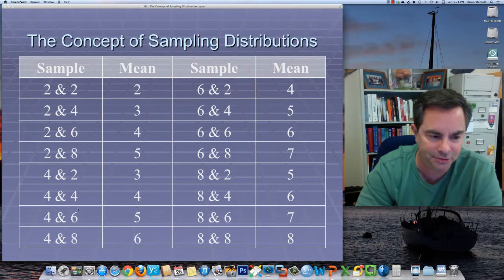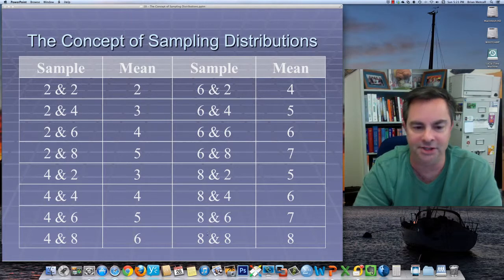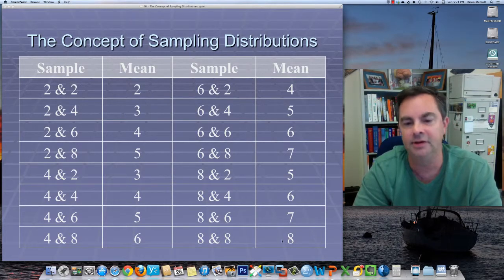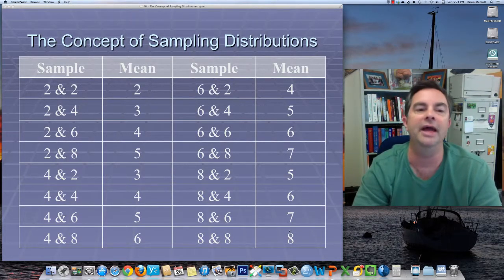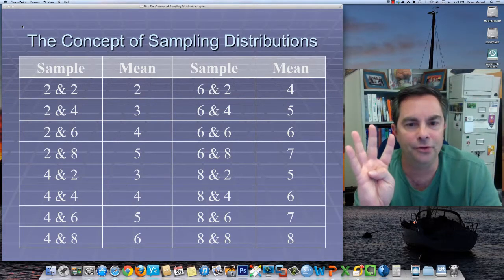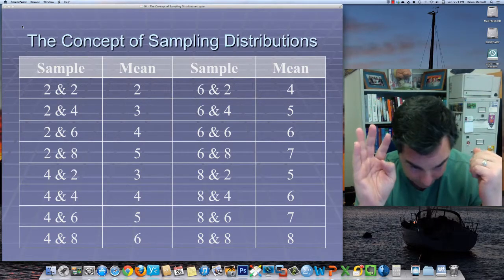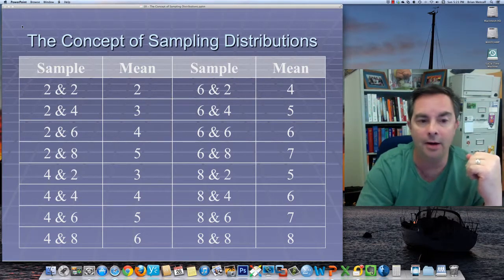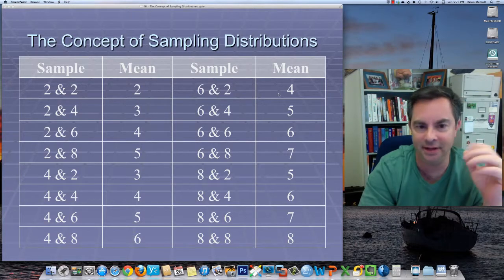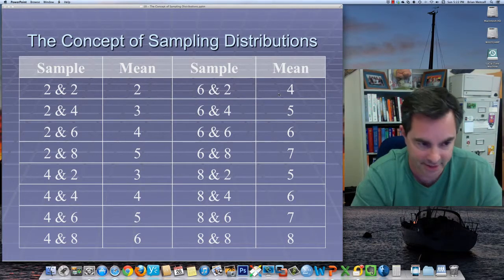For each of the possible combinations, putting them in an order here, the last possible combination I can get is to draw the 8 twice, giving me a mean of 8. So from a population of 4, doing it with this weird method of sampling with replacement 2 at a time, I have 16 possible unique samples I could get.